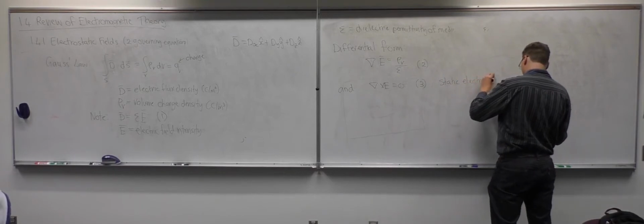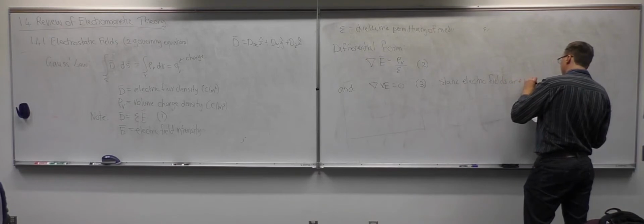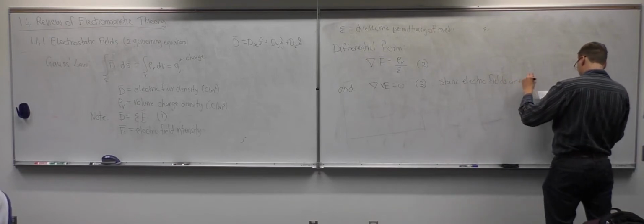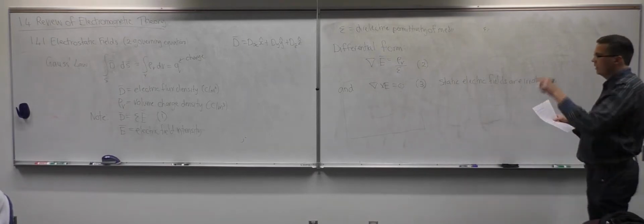Electric fields are irrotational. That means that they close on themselves.